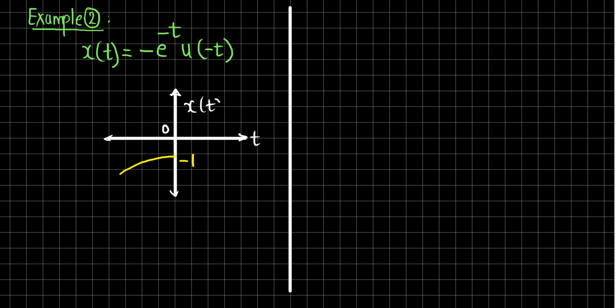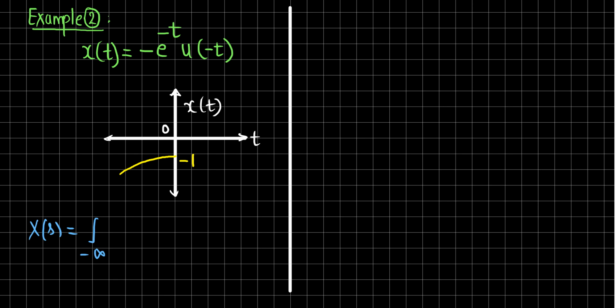Now let's try to calculate the Laplace transform for the signal. So it is given by, so Laplace transform capital X of s is given by integration minus infinite to infinite.